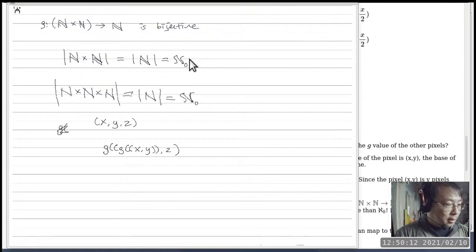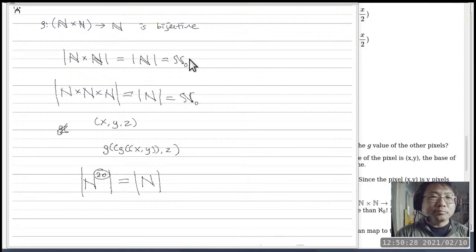If you think about N to the 20th, a 20-dimensional space, when you look at the cardinality, it really is the same as just natural numbers. As long as the exponent is an actual finite positive integer, we can establish the equality.